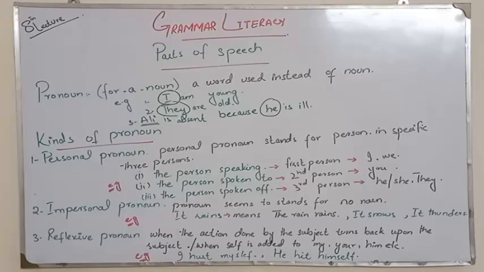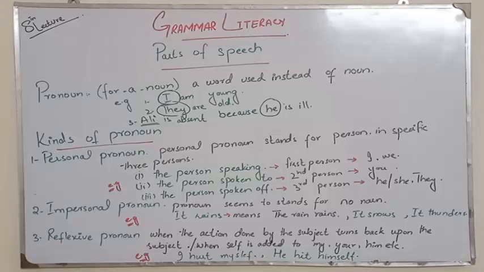"It snows, it thunders." So "it rains" means the rain rains, but it is an impersonal pronoun because the exact noun is not present there. "It snows": "it" and then the verb. "It thunders": "it" is an impersonal pronoun, and "thunders" is a verb here.